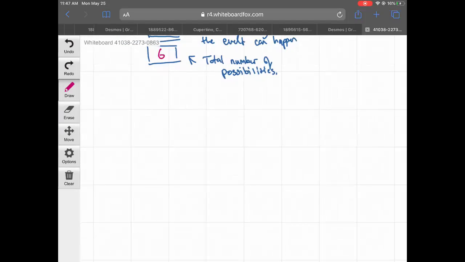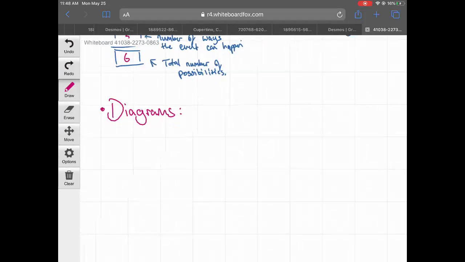So this chapter, we are going to think probably first and foremost about diagrams. So which diagrams do we need to know?